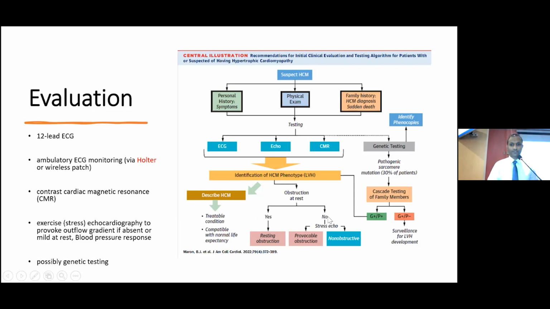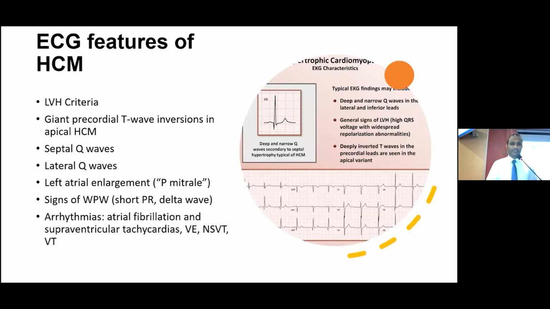If there's no obstruction, you have to provoke it with various provocation tests. ECG findings can include LVH criteria, giant T inversions mainly in apical cardiomyopathy, septal Q waves, left atrial enlargement, short PR, and various types of arrhythmias.